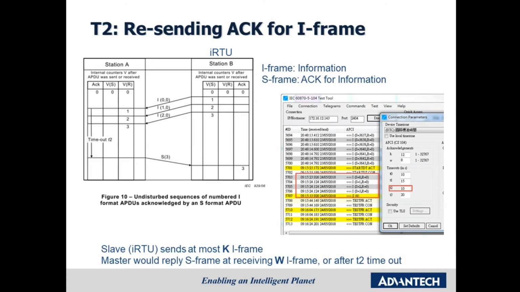T2 means the time to wait before sending a supervisory APDU ACK. Increasing this setting can reduce the bandwidth required for acknowledging. So if you increase T2, it will take a longer time to send the ACK packet, and that also saves bandwidth. Slave means the iRTU sends at most K I frames. The master would reply with an S frame on receiving W I frames or after the T2 timeout.